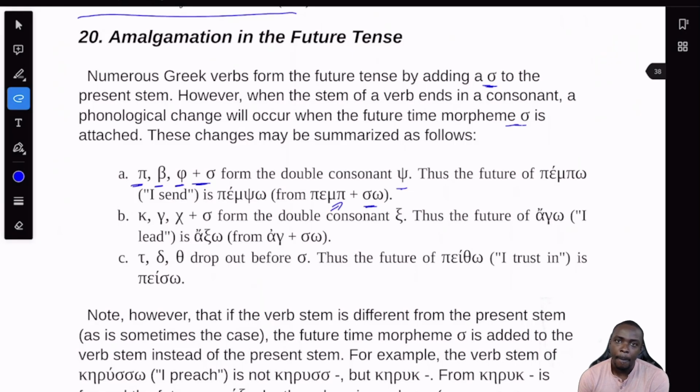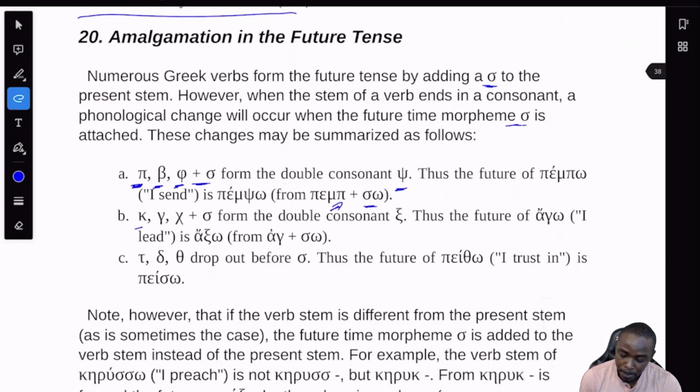So whenever the stem ends in one of these letters and you add the sigma, something is going to happen. There's going to be a morphing, a change in the letter. And so in this case, it ends with pi, and so the pi becomes psi. But you can still hear the sigma in it. The psi, you notice the sigma is still there.